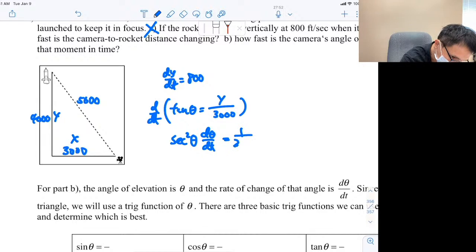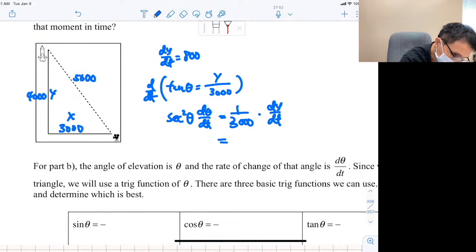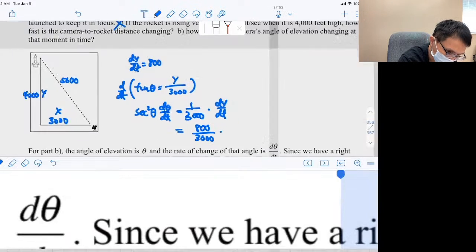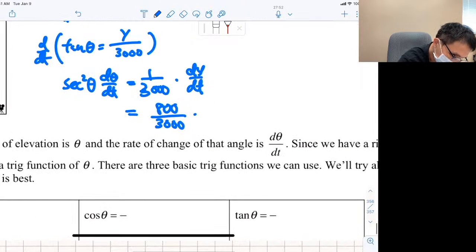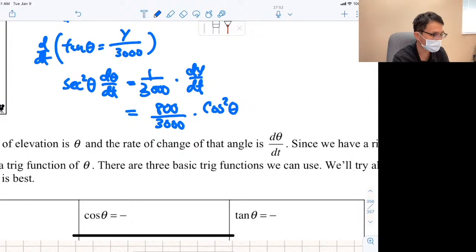Equals 1 over 3000 times dy/dt. Please don't use the quotient rule. That gives you 800 over 3000 times cosine squared, because dividing both sides by secant squared turns it into cosine squared. Does that make sense?